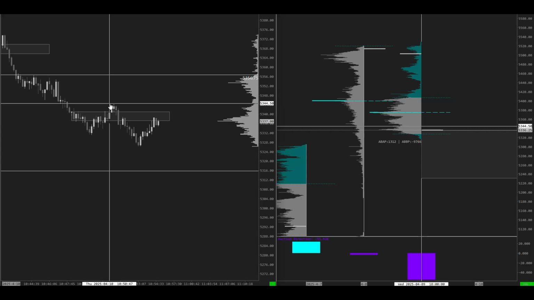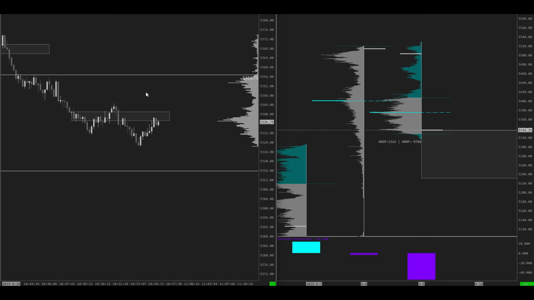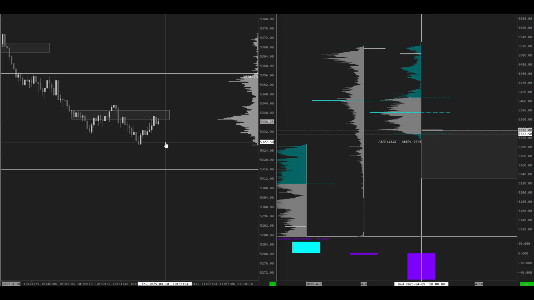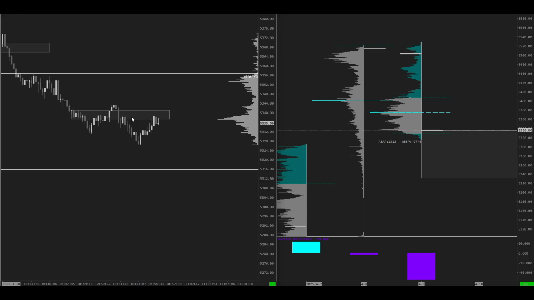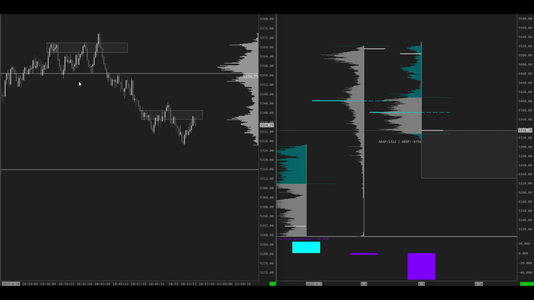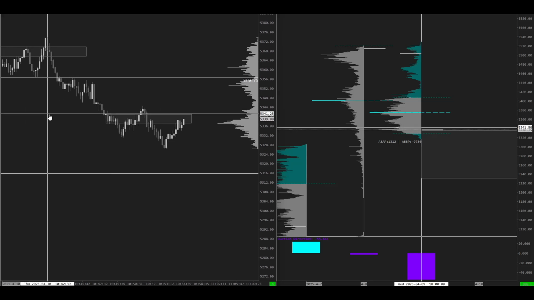I'd prefer that they would stay below this swing high and just sell it to a new low here. It's always our preference in a downtrend. It's definitely in a downtrend on lower time frames.